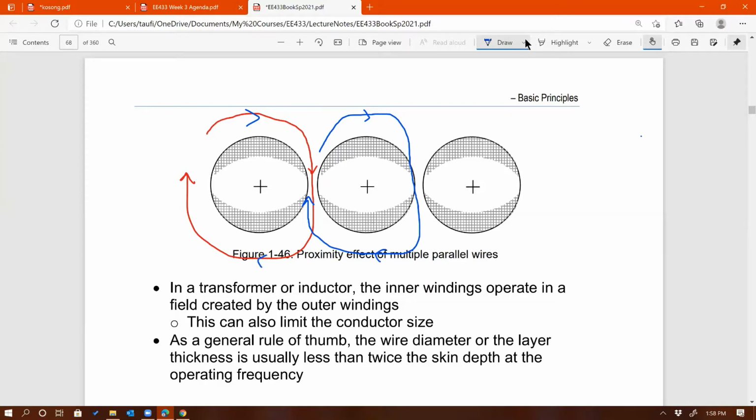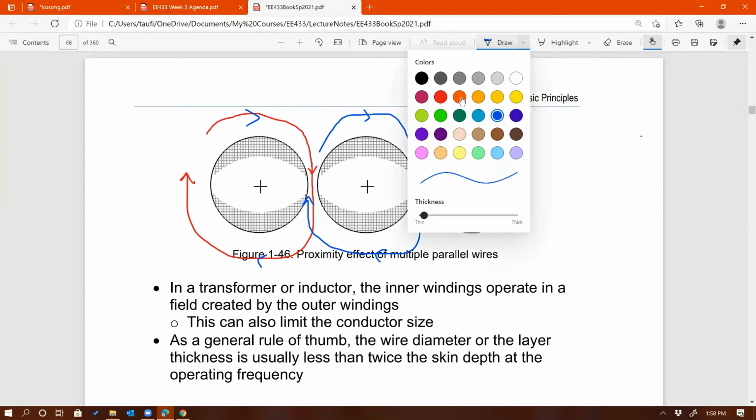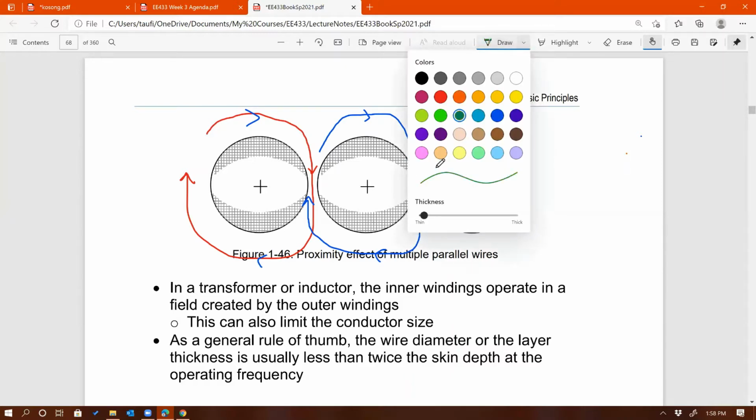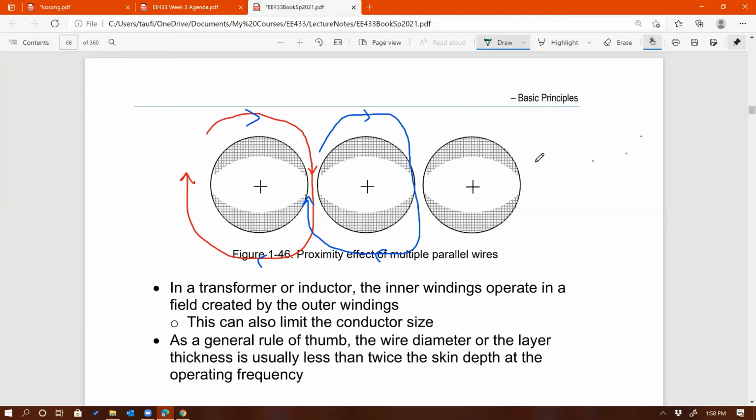And then lastly, the third conductor, clockwise as well, just like that. And in the middle, I forgot to, right there. Okay, and this way as well.